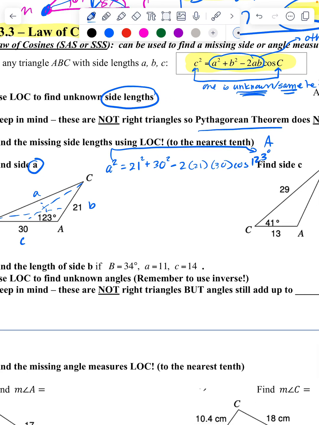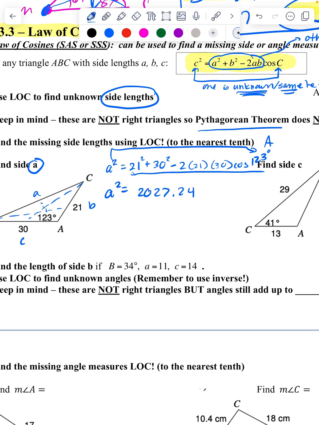When you're finding sides, all of this is numbers. There's nothing unknown on the right, so you just put the whole thing into your calculator carefully. 21 squared plus 30 squared minus 2 times 21 times 30 times the cosine of 123, and you should end up with 2027.24-ish.